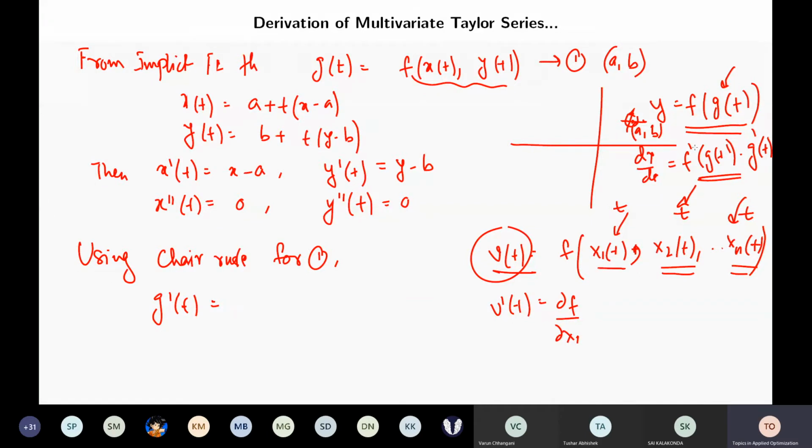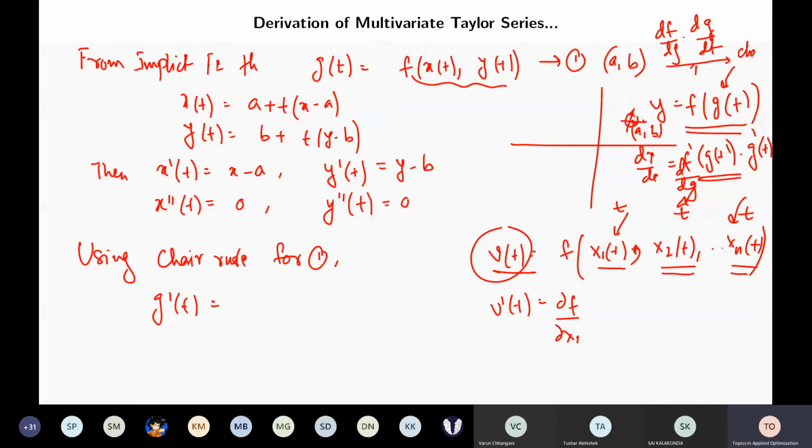When I'm saying f prime, it's a derivative with respect to g. So this is df by dg, and then this is dg by dt. This is the chain rule, and that's why you are doing it like a chain. First you see f as a function of g, and then you see g as a function of t.